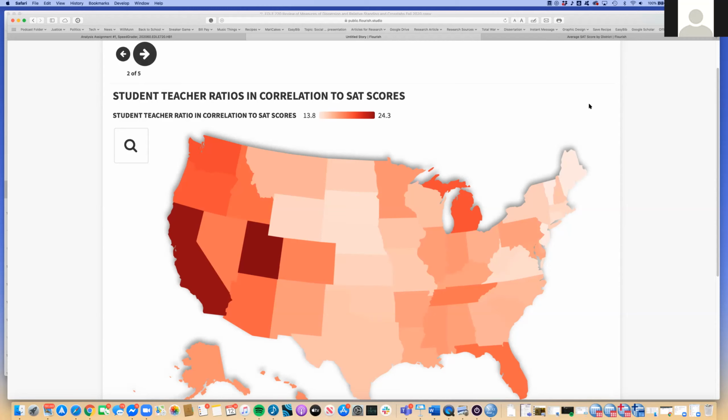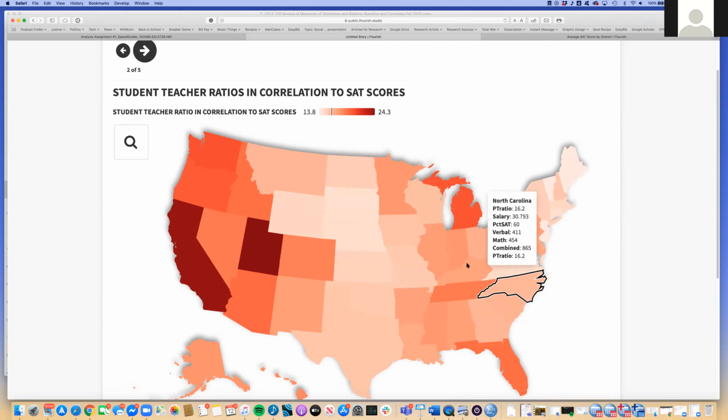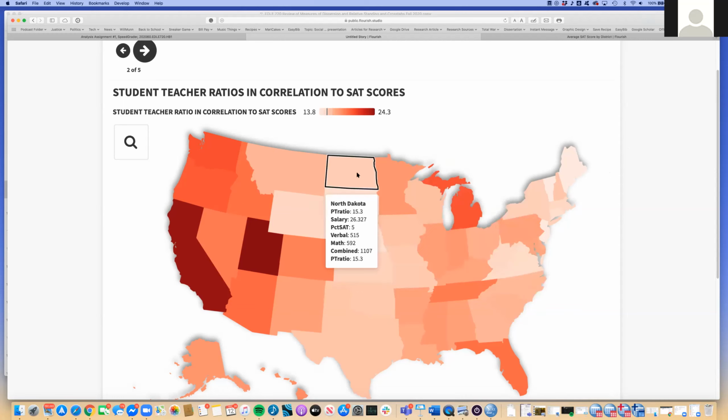For students, I'm focusing on North Dakota and South Carolina, because I know they are the minimum and the maximum of the scores. When I look at North Dakota here, they have a low student teacher ratio.